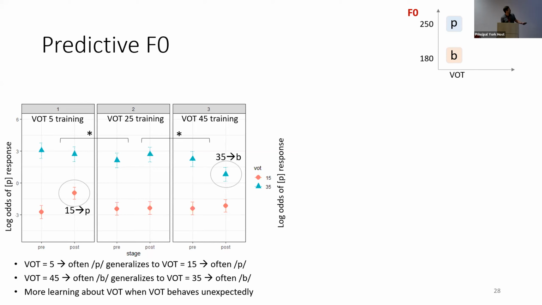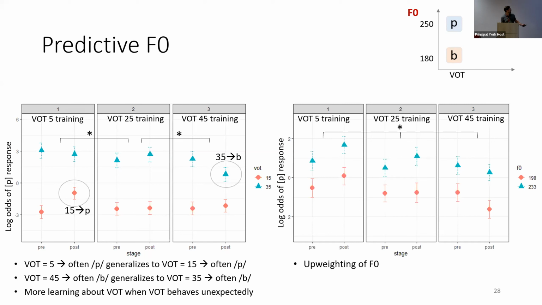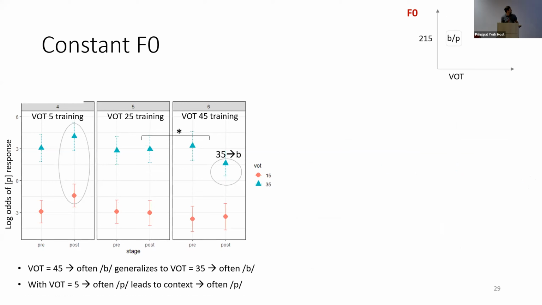So they're responding more with the unexpected response based on their prior beliefs to cues that are similar to the cue on which they were trained. And there was a little bit of upweighting of F0 in this condition also, as predicted. Now, in the other conditions, we see something that we did not expect based on our previous study.